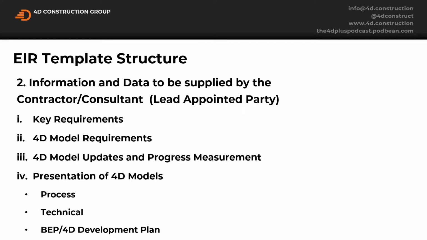I can tell you for a fact how frustrating it is to try to align 4D software, even within a single project, let alone if you've got multiple packages on a mega project. By way of example, we've worked with external consultants that have helped with training and some 4D deliverables, and they might be using the same software, but a very different version, or the latest version of that software.